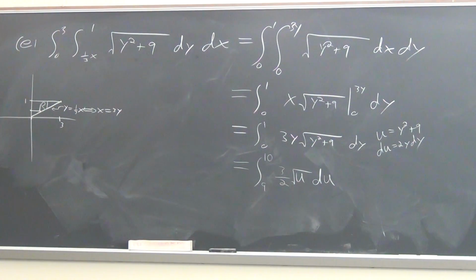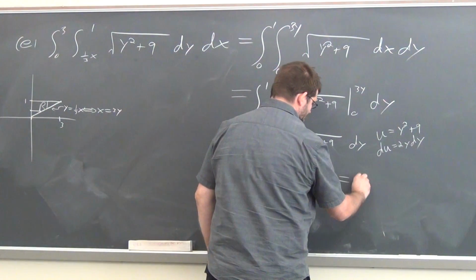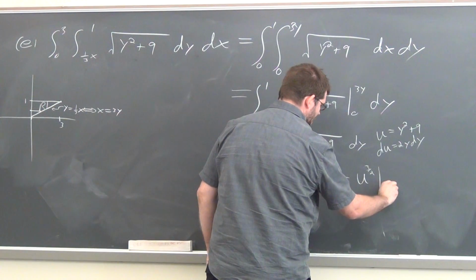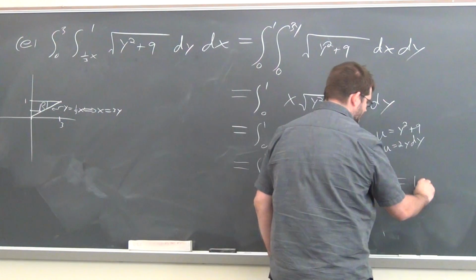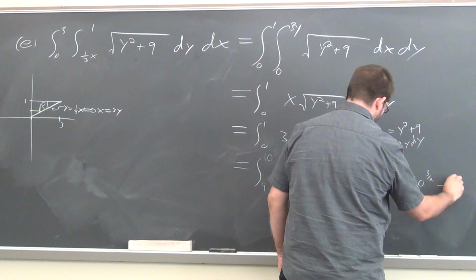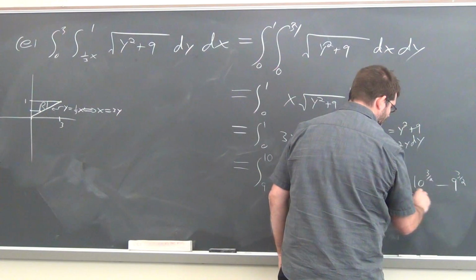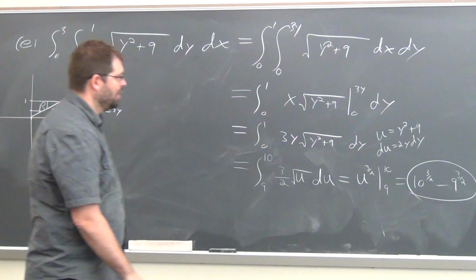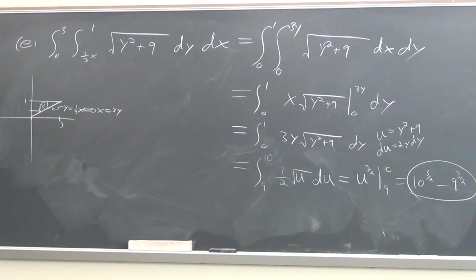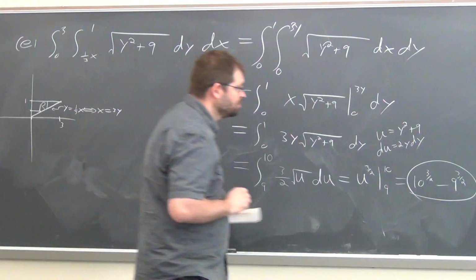The integral of square root of u is u to the 3/2 over 3/2, so the 3/2s cancel, and you should just end up with a nice u to the 3/2, and then evaluate 10 to the 3/2 minus 9 to the 3/2. You can leave it like that. 9 to the 3/2 is 27, I guess, so you could simplify that if you want, but the 10 isn't going to simplify nicely. Is that okay?